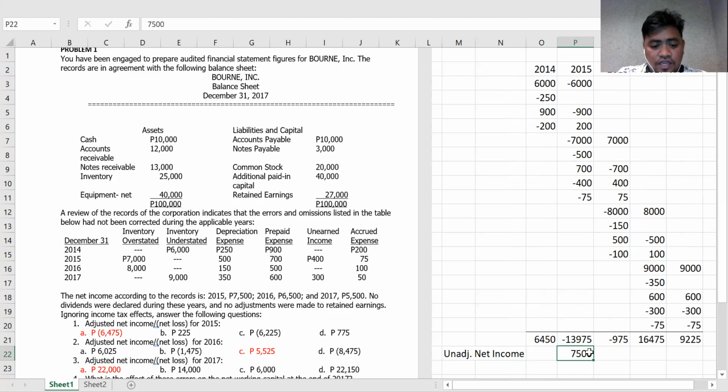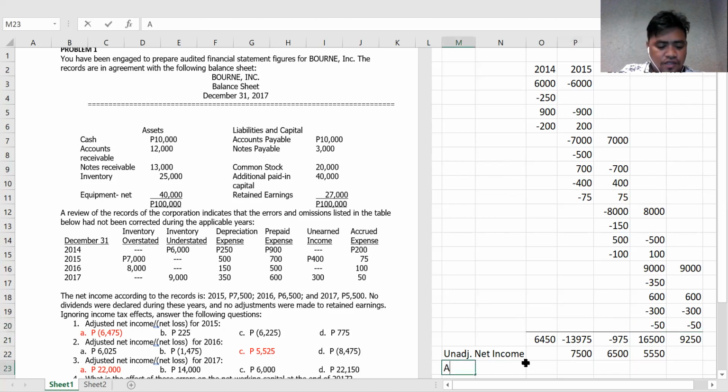For 2016, 6.5. For 2017, 5.5. Therefore, the adjusted. Sorry, this is 50 pala. 50. This is the understatement of accrued expense.